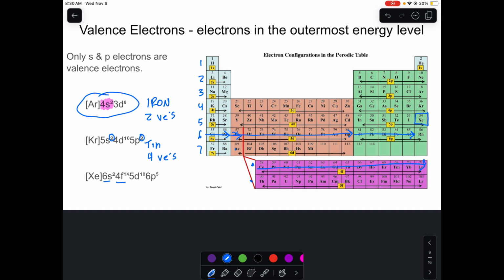Okay. So we're going to have astatine. And it's going to have the 6 energy level. It's going to have 7 valence electrons.